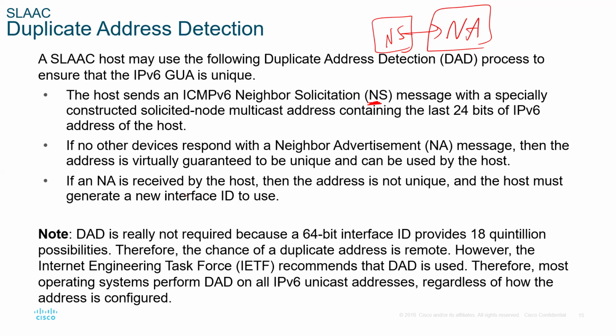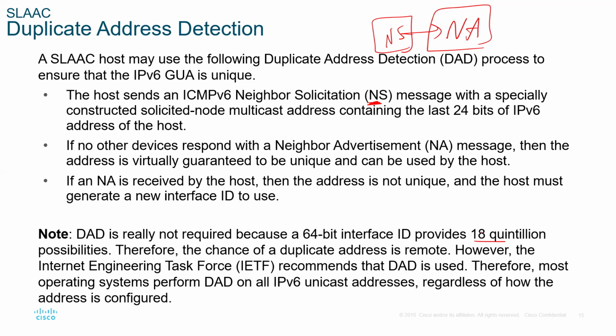To note, duplicate address detection is not required because a 64-bit ID provides 18 quintillion possibilities. Therefore, the chance of a duplicate address is remote. However, the IETF recommends that duplicate address detection is used.